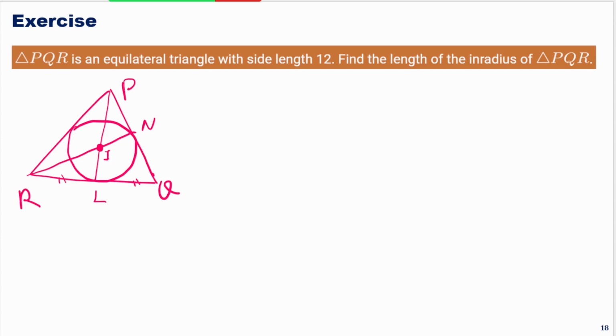So I divides median PL such that PI over IL equals 2 over 1. Therefore, we know IL equals PL over 3.